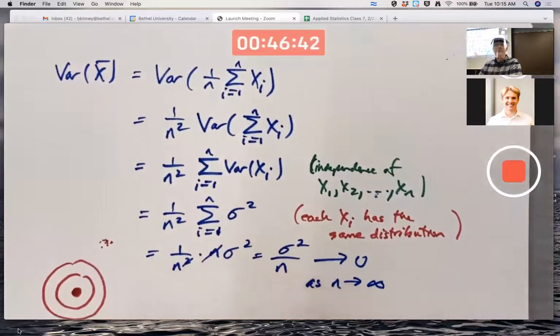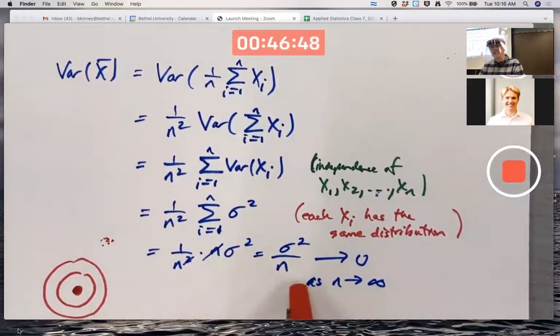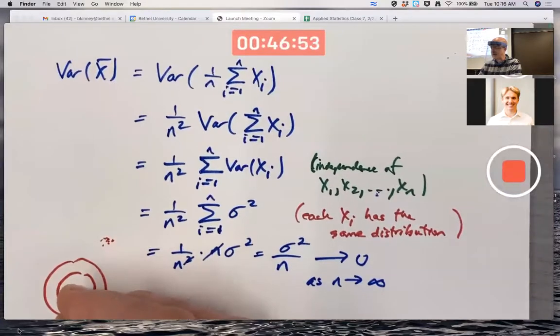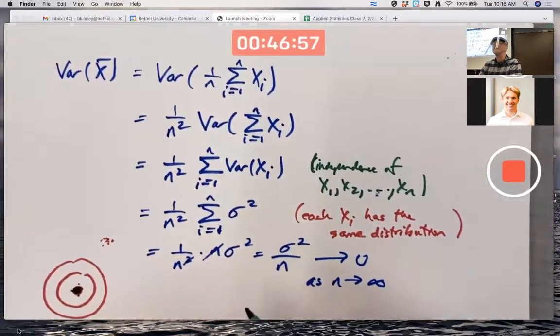You could be hitting up there. When it's both unbiased and has small variance for large n, you are going to be both averaging around the bullseye and be near the bullseye. The bullseye is where the population parameter value is.